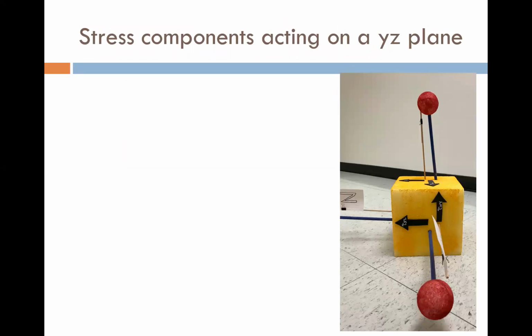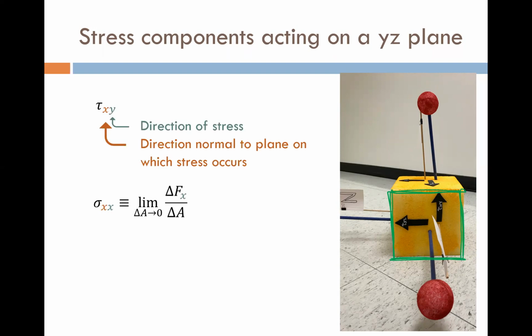If we look specifically at the YZ plane, in this case we're looking at this face here. That face is contained in the YZ plane with the X coming out towards us. If we look at the normal stress on that plane, we call it sigma XX, where the first X is indicating the direction normal to the plane.